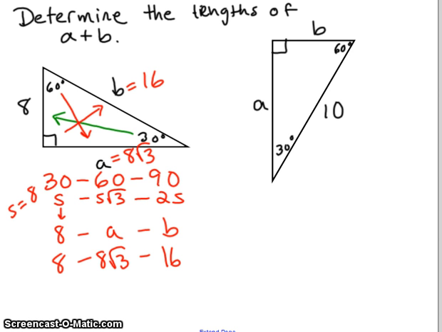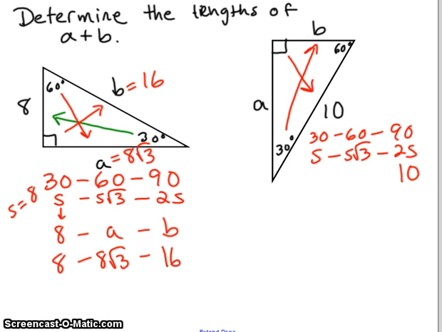All right, let's look at the next problem. Okay, we have our ratio for 30, 60, 90: s, s square root 3, and 2s. In this case, we know 2s is 10; across from the 90 is 10, across from the 30 is b, and across from the 60 is a.